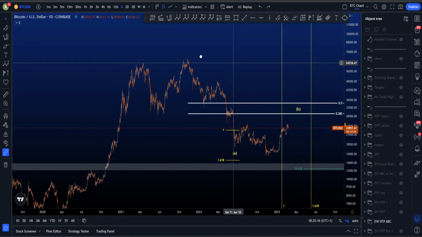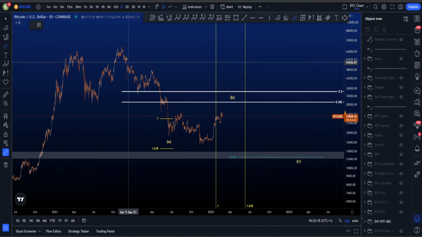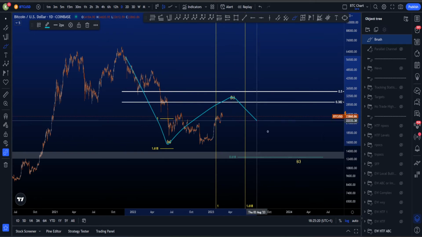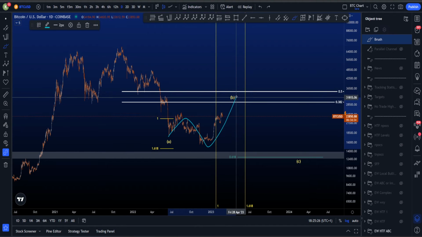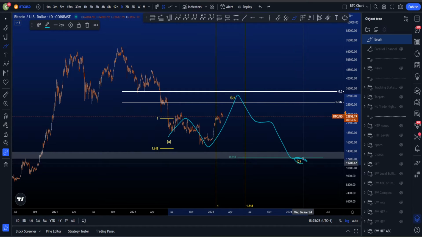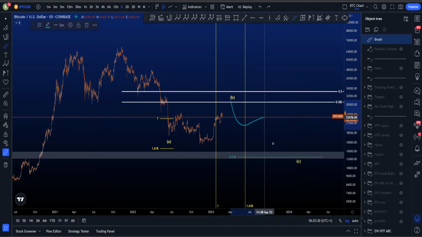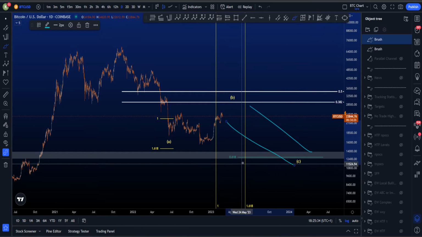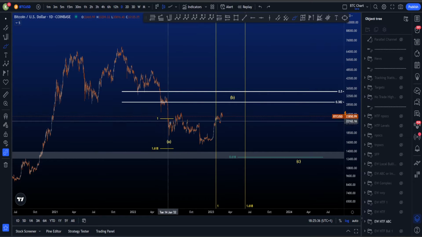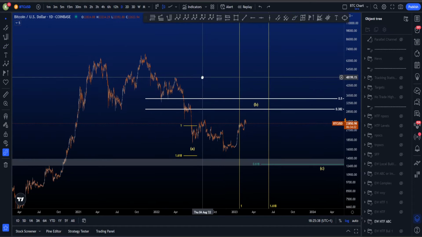Wait, let's first zoom out a little bit. So what it basically means is this is an A, then we have a B, and then we have a C wave. So it's a zigzag A, an expanding flat B, followed by whatever it is, C. Very likely a zigzag or whatnot, but at least some sort of a C. Can also be an ending diagonal, also possible. So that is what I have on my chart right now.